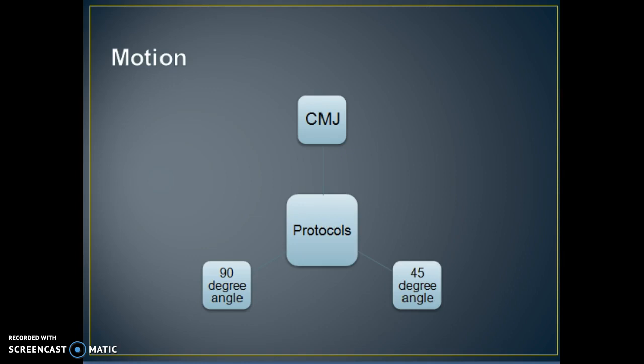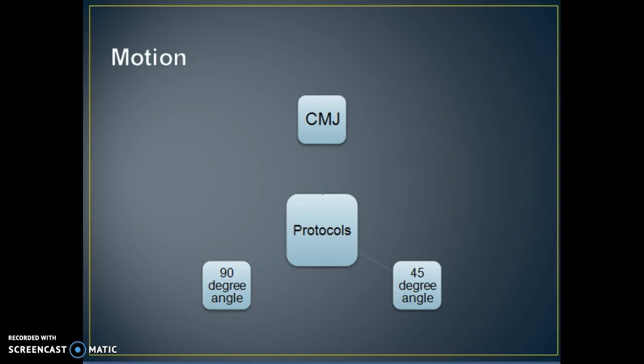The participant put their hands on their hips so they didn't have any momentum for the 90-degree and 45-degree jump. The participant then jumped, and the force plate measured how much force in newtons the participant put onto the force plate.